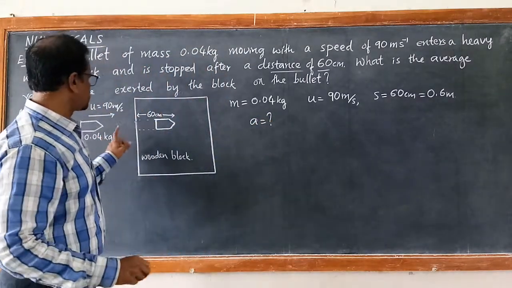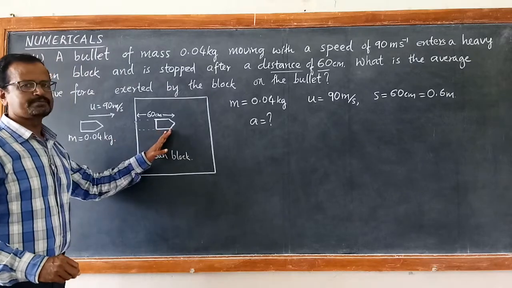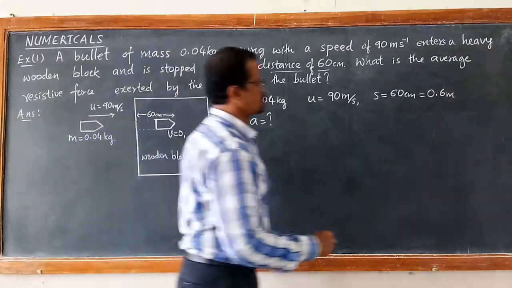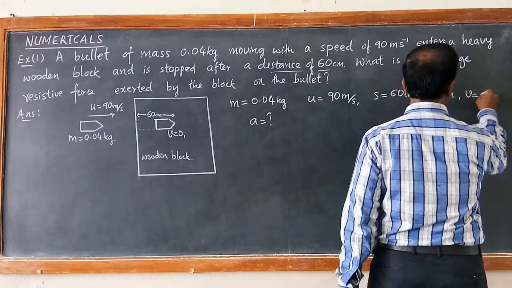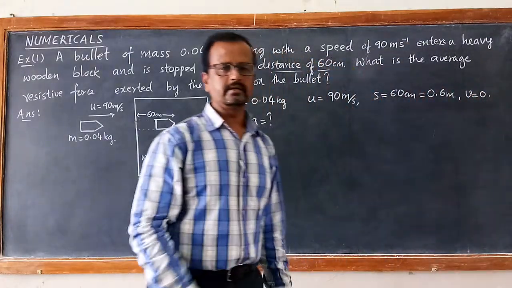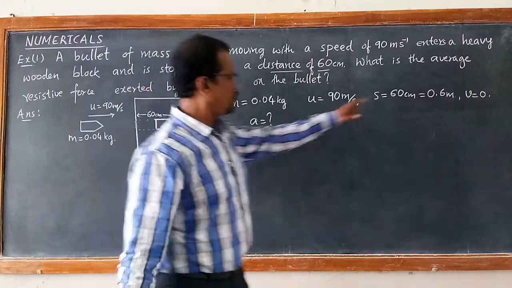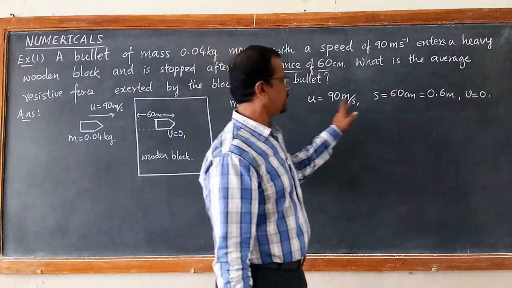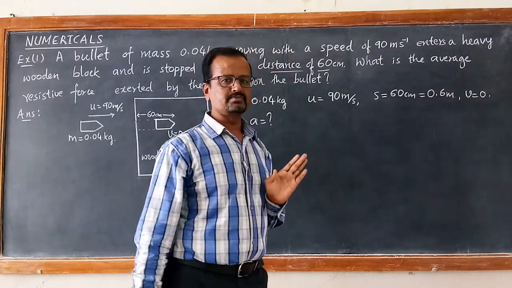See, what happens when the bullet finally stops? Its final speed becomes 0. So we will write here the final speed v becomes 0, initial speed is 90 meter per second, and distance covered is 0.6 meter.